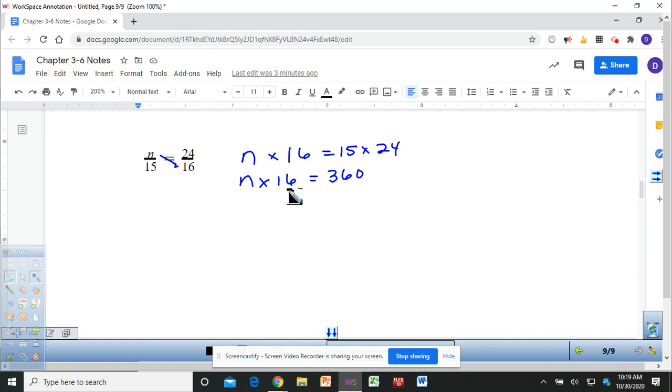Now, this is a problem like we've been solving all before. So how do I get rid of multiply by 16? We're going to divide both sides by 16. When I take 360 divided by 16, that gives me n equals 22.5. So on your answer sheet, that's what you would type in, 22.5.